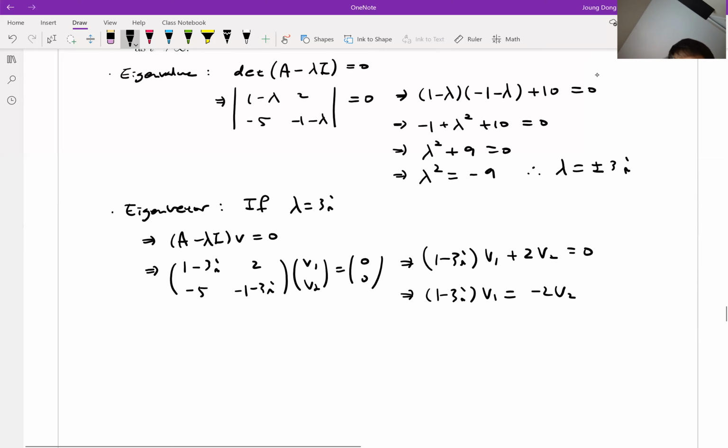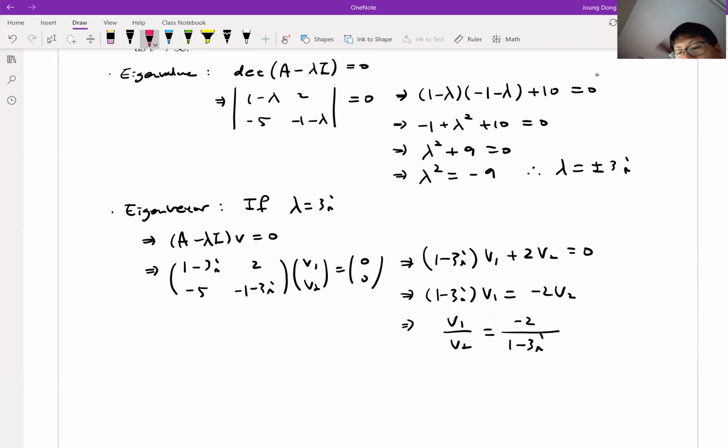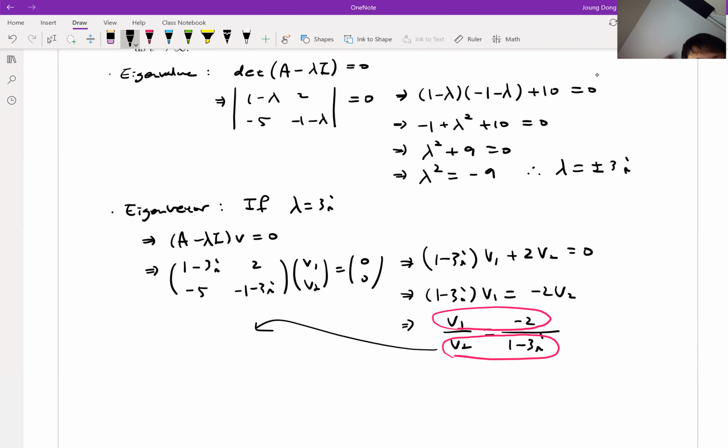This can be written as v1 over v2 equals negative 2 over 1 minus 3i. This is a technique from proportion problems in high school. Then you can set v1 equal to negative 2 and v2 as 1 minus 3i directly. My conclusion: my eigenvector v is negative 2, 1 minus 3i.